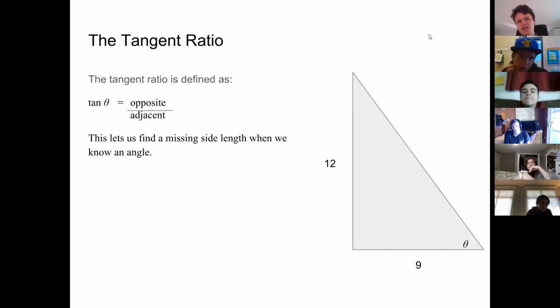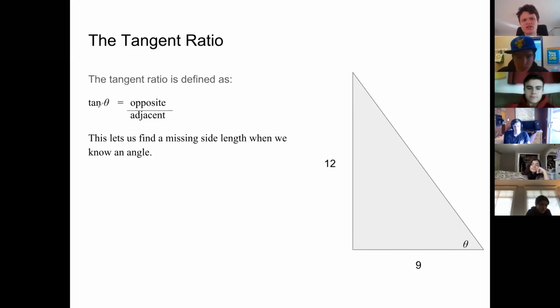So the tangent ratio, it is a ratio, so one number over another. The tangent ratio is defined as opposite over adjacent. Opposite over adjacent. So this lets us find a missing side length when we know an angle.